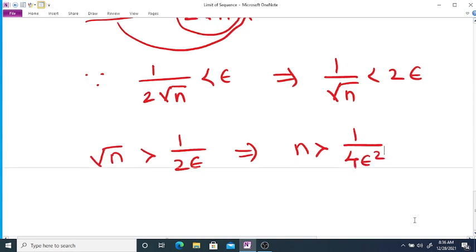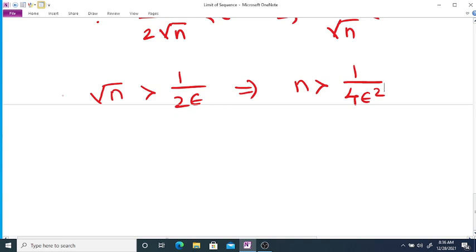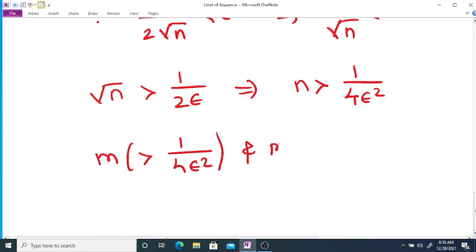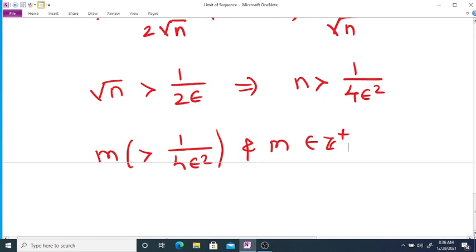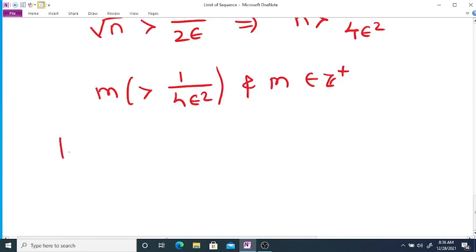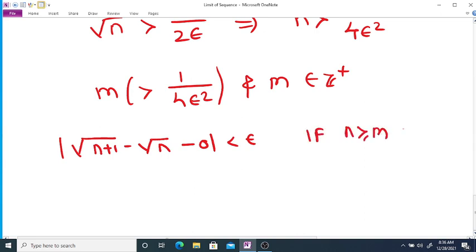So here we select a positive integer m which is greater than 1 divided by 4 epsilon square. For this m, the distance, square root of n plus 1 minus square root of n minus 0, is less than epsilon if n is greater than or equal to m, where m is a positive integer greater than 1 divided by 4 epsilon square.